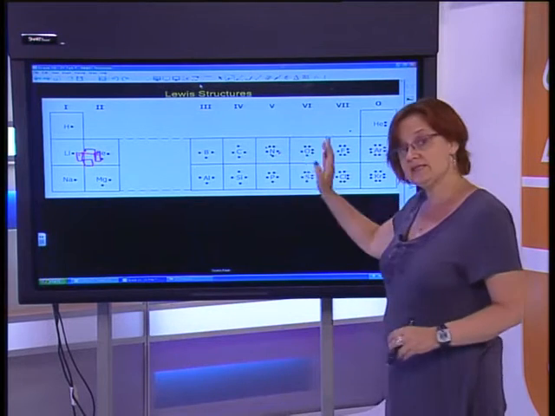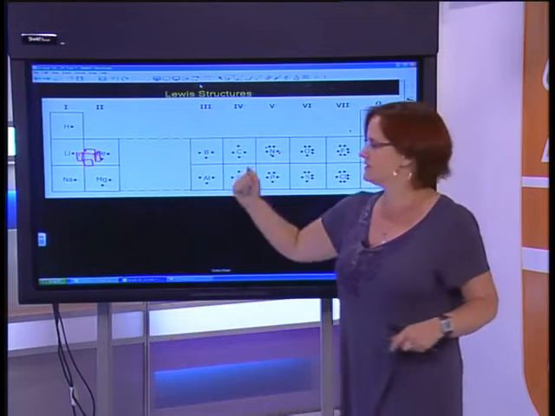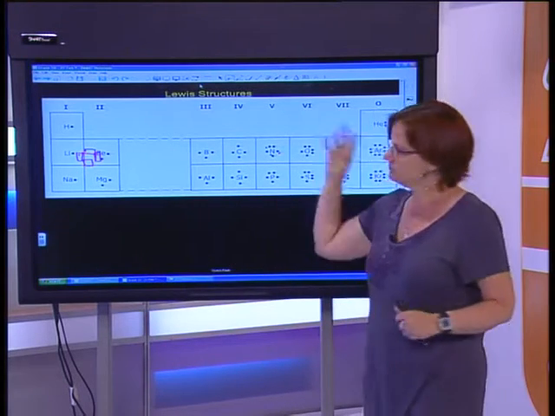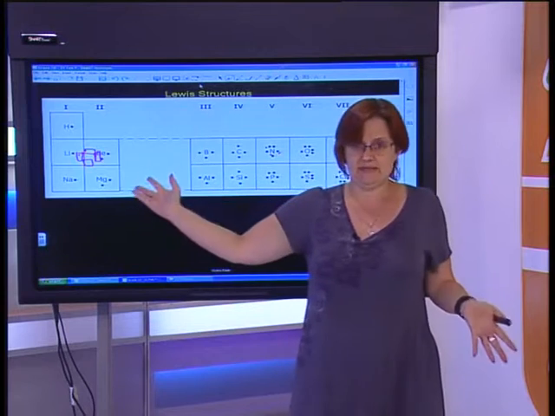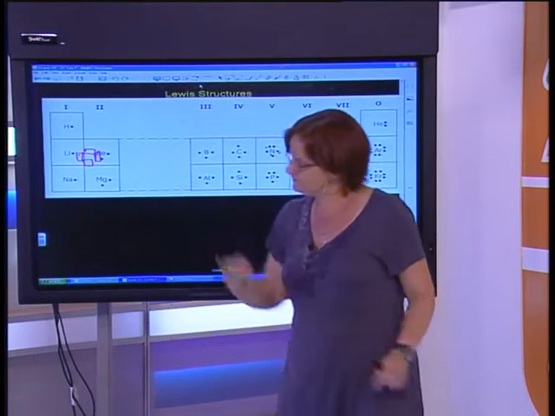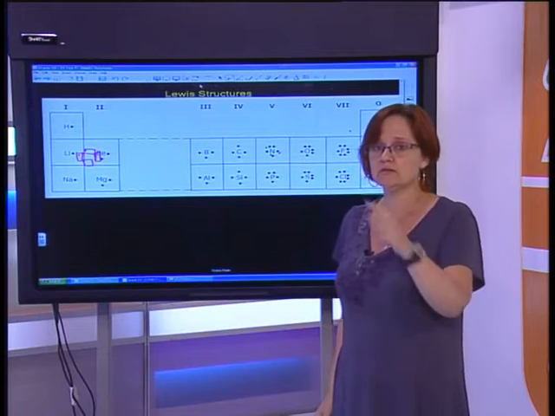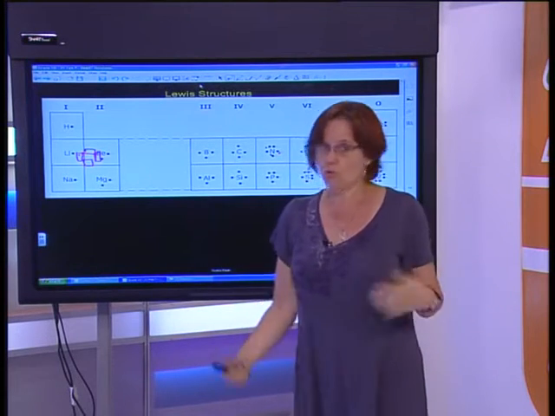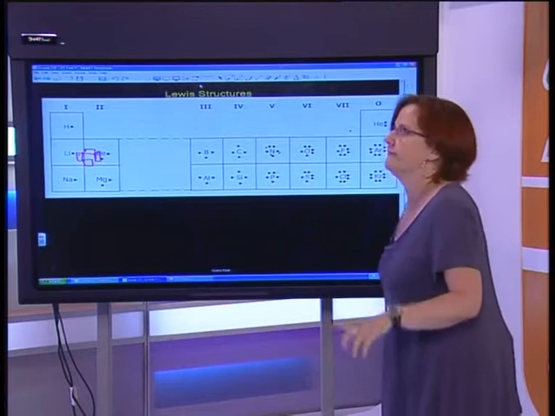which means we need less and less bonding, and also this helps us with electronegativity. As we move across, a good thing to think about is, would it be easier, for example, for magnesium to gain 6 electrons in order to fill its outer shell, or to give 2 away? I'm hoping all of you are screaming at the TV right now and saying give 2 away.